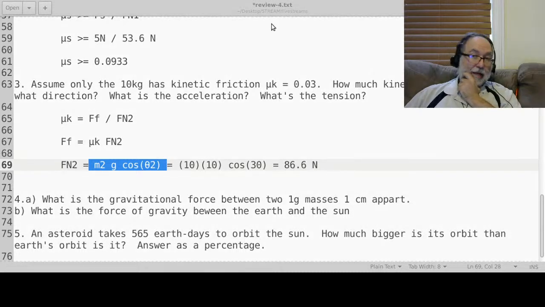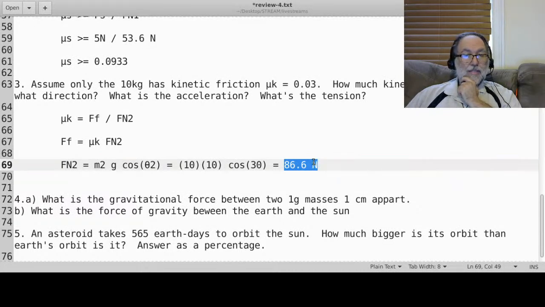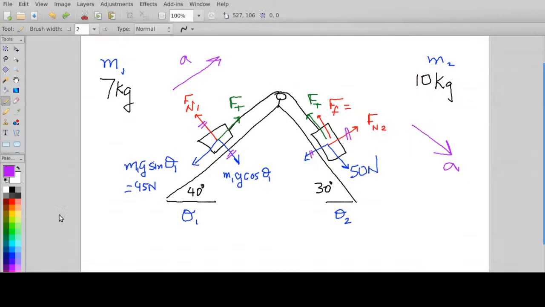And then if you plug in the numbers, M2 is 10, g, we've been rounding up to 10, cosine of 30 degrees, and you crunch that through your calculator, and you get that the perpendicular component of gravity is going to be 86.6 newtons, and also the normal force is 86.6 newtons. Let's actually write that into the diagram.